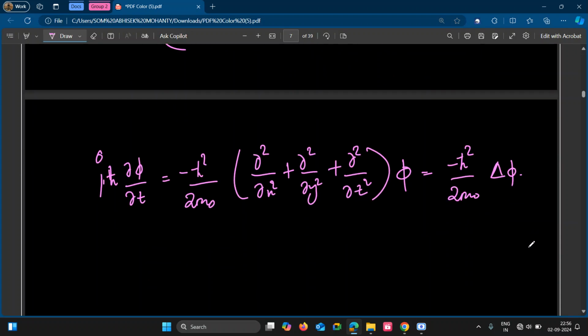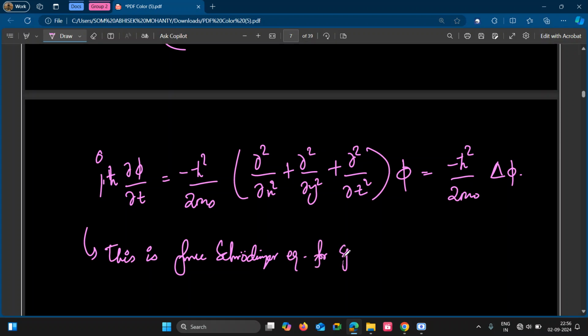Right? So this is the free Schrodinger equation for a spinless particle.